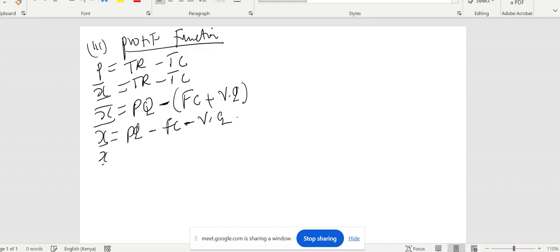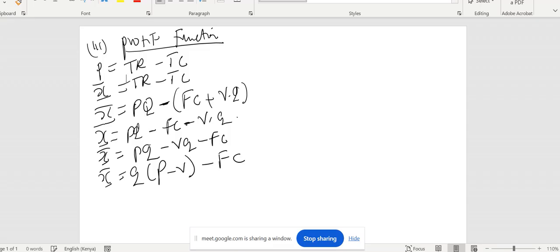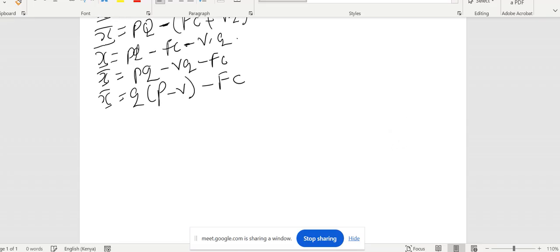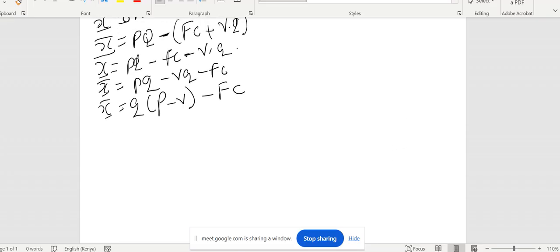So profit is equal to PQ minus VQ minus FC. Okay? Then what's common here? Q. Q outside into P minus V minus FC. Okay? What else? Is that all?